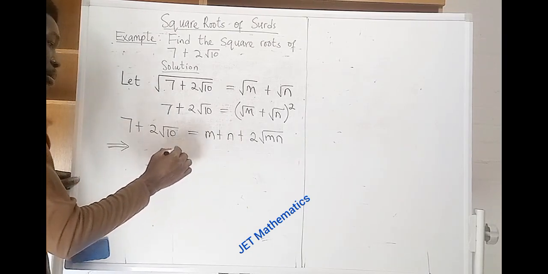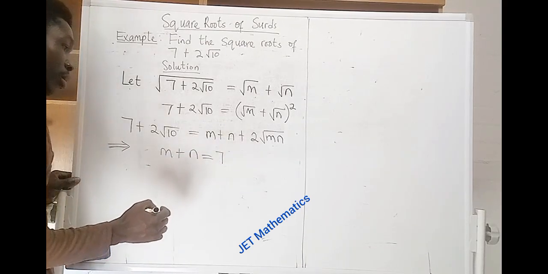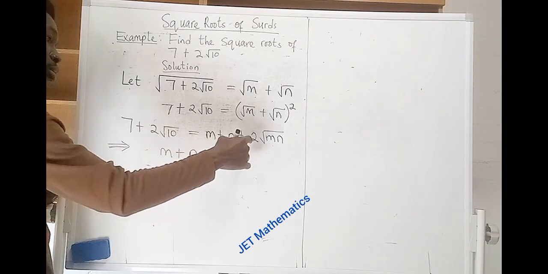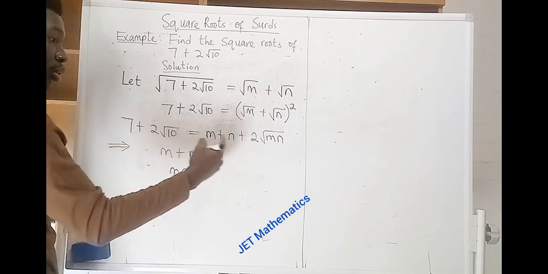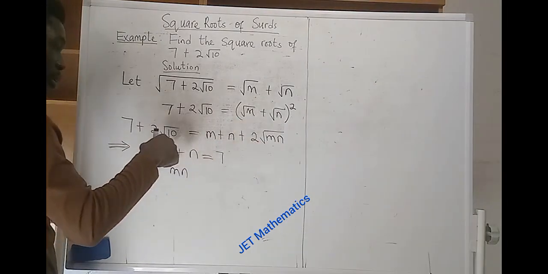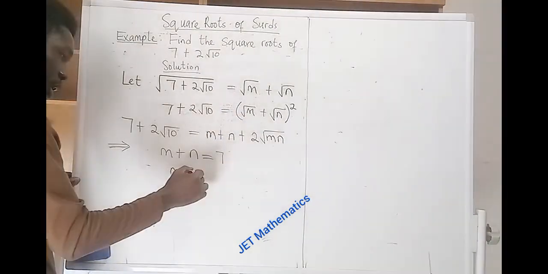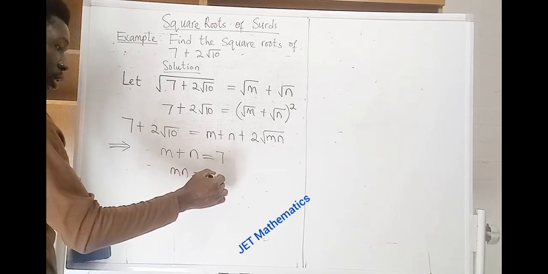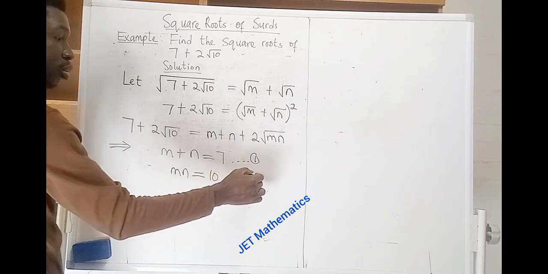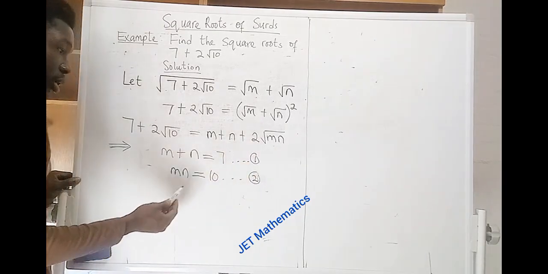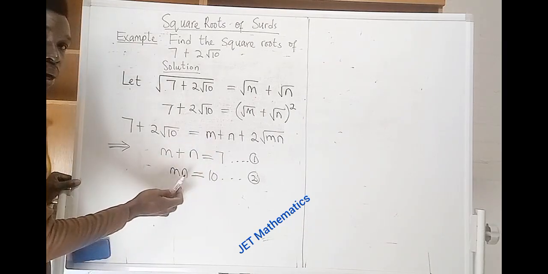So m plus n is equal to 7, and also for 2 root mn, here is 2, here is also 2 without a problem. Then here is root 10, here is root mn, so we can say mn is equal to 10. We call this equation 1 and this equation 2. Then we can solve these two equations simultaneously to get our m and our n.